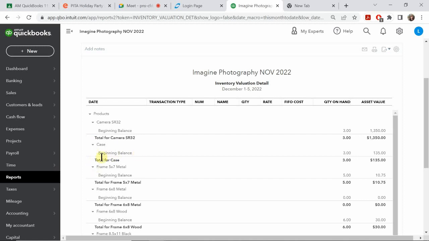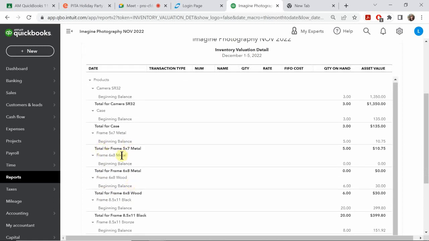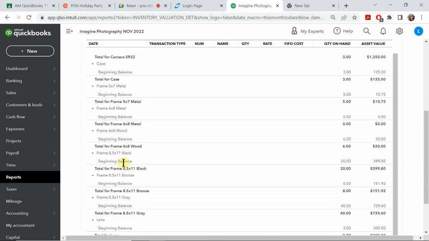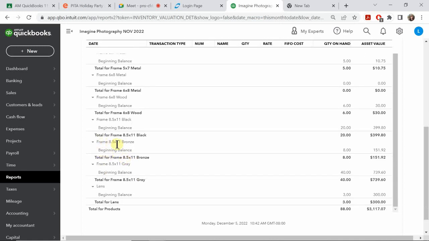You have the case, you have the beginning balances, okay? So for the picture frames here, let's go ahead and locate that 8.5 by 11. Let's do the bronze one. So the bronze one here, you began your balance right here for the bronze. Right here, you have 8 on hand.